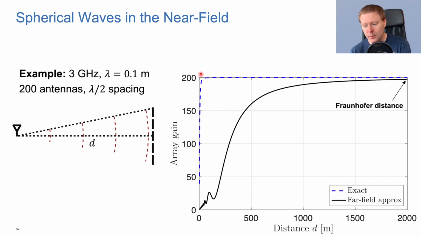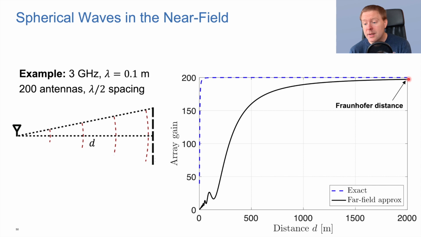array. If we are instead pretending as if we are in the far field of the array, we are using far field approximations like array response vectors in order to figure out how we should phase shift different antenna elements' signals in order to get the array gain, then at 2 kilometers, that is our Fraunhofer distance in this case.